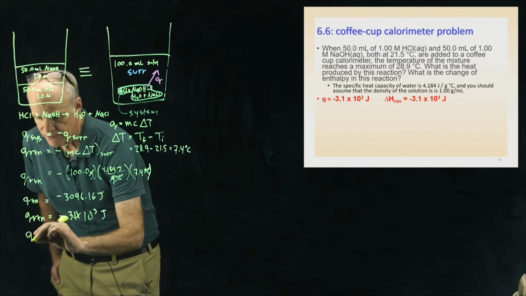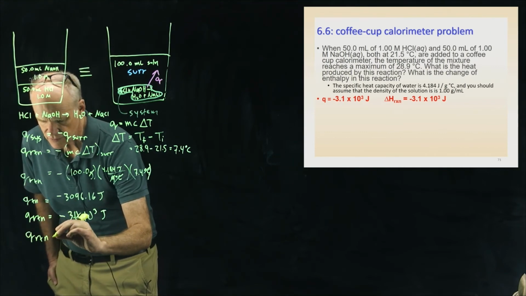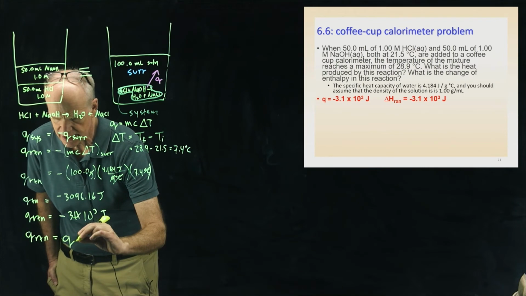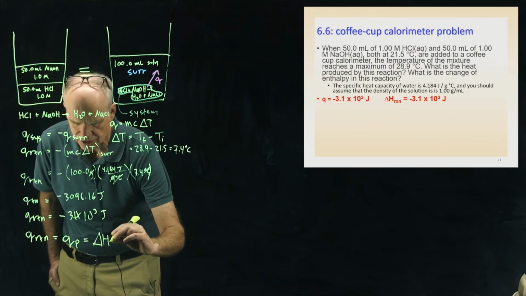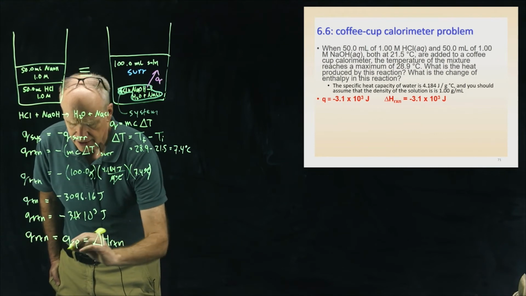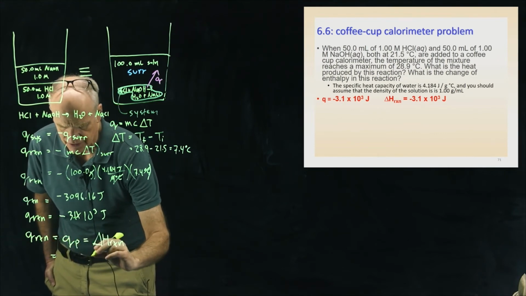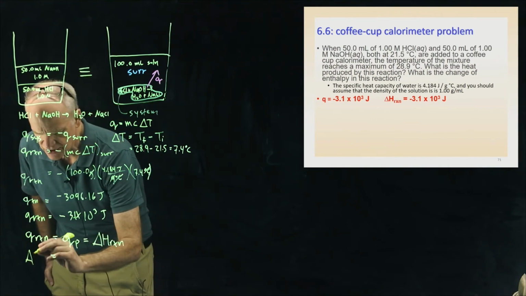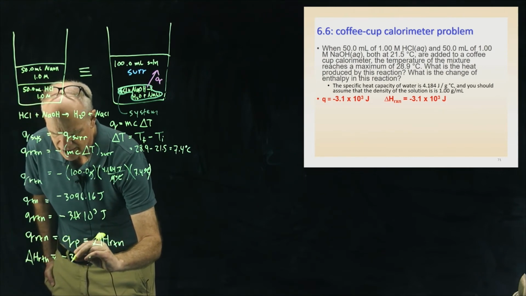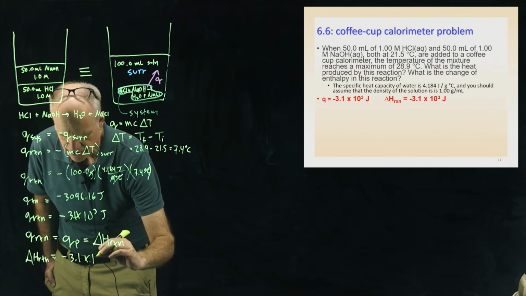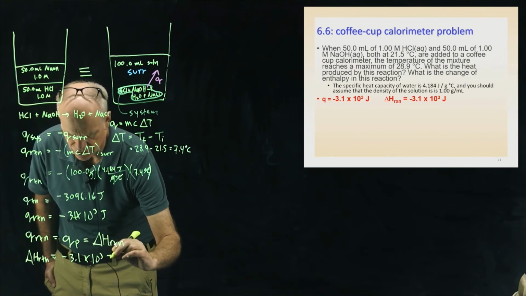So here we have the heat of the reaction. It's going to be equal to the heat at constant pressure, which is going to be equal to the enthalpy change of the reaction. And so this should be the same value. So the enthalpy change of the reaction should be negative 3.1 times 10 to the 3 joules.